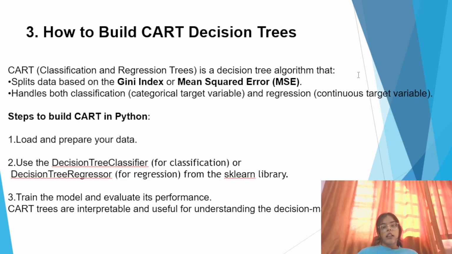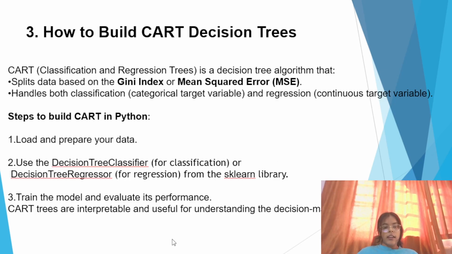Now, the third topic is how to build CART decision trees. CART is Classification and Regression Trees. It is a decision tree algorithm that splits data based on the Gini index or mean squared error. It handles both classification, with a categorical target variable, and regression, with a continuous target variable.